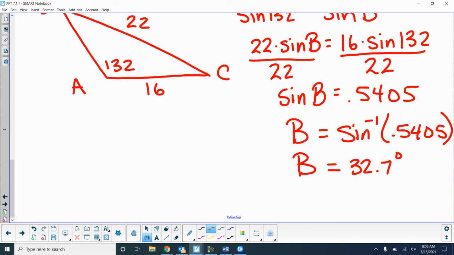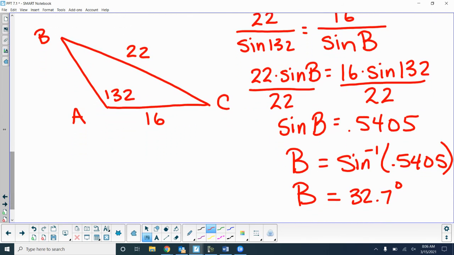So then we'll do it in blue here. I have to find the supplement of that. I know there's one triangle because I didn't get an error at this point.